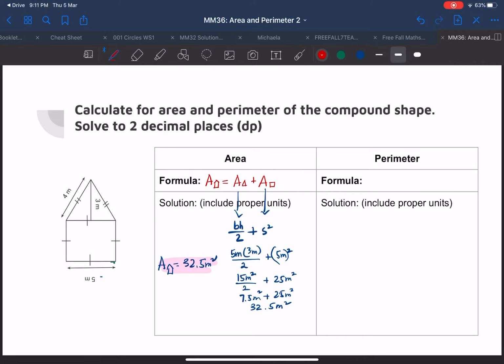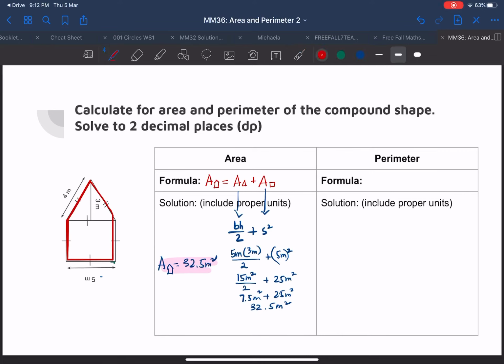A lot of you gave me 6 sides. Why? Because you included this. Some of you included this, some of you included this. But you shouldn't, because perimeter is the outline of the shape.